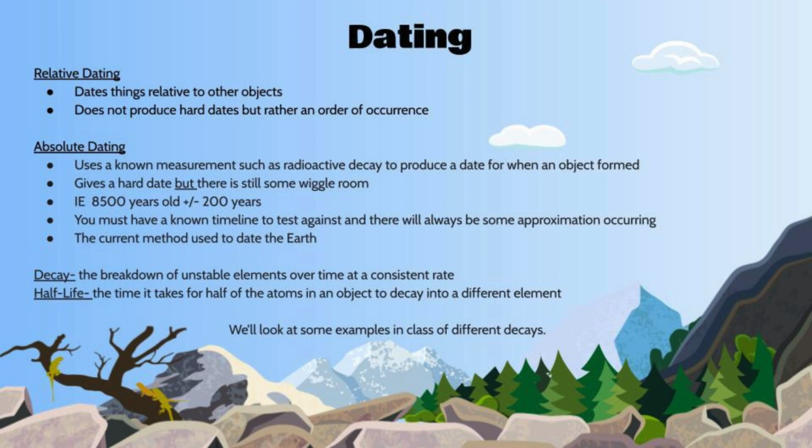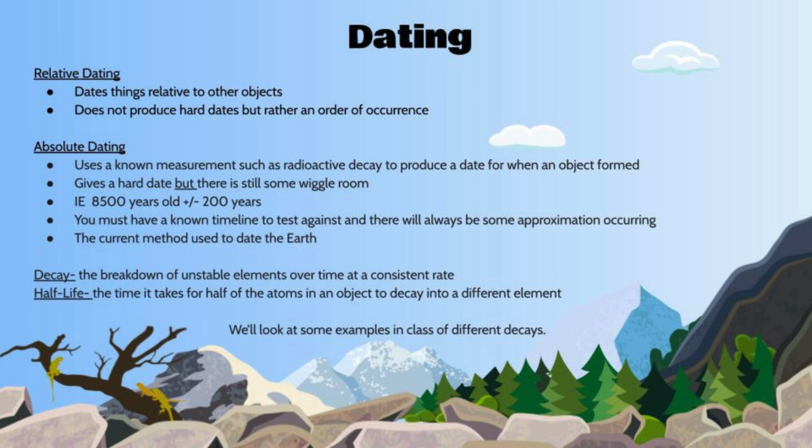So if we know what the original element was there, we can look at how much it's decayed or how much it's broken down, how many of the atoms have changed form from one to another. And that's kind of how we get an understanding of how old these things are. Again, you would have to have a much greater understanding of chemistry or physics than we're going to require here to understand everything about how that works, but that's the rough idea of it.